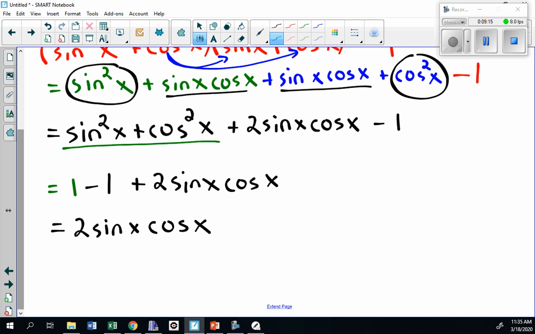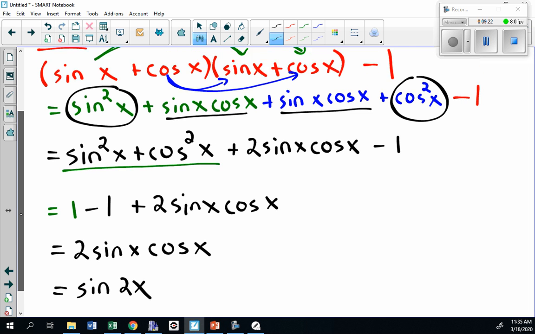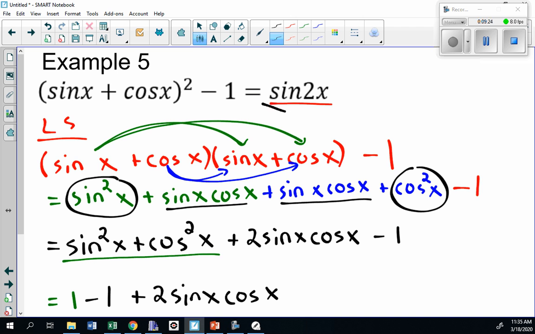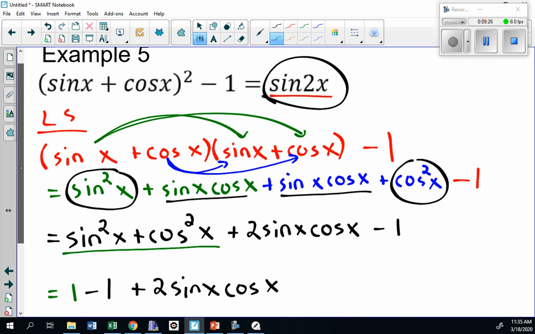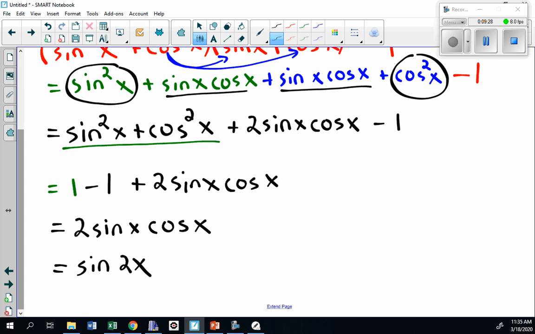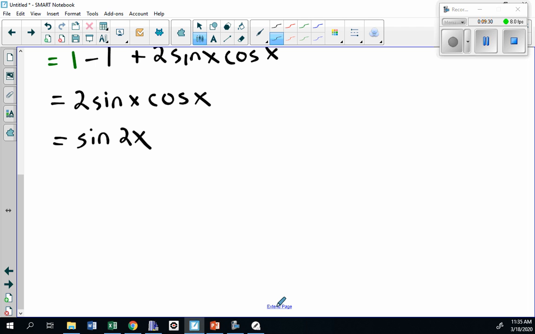At this point, this is a double angle identity, so this is sine 2x. Now, hopefully, we have matched our right side. Oh, yeah, that's what we were looking for. Perfect. So again, making sure we actually answer the question. Therefore, left side equals right side, and we have proven this.